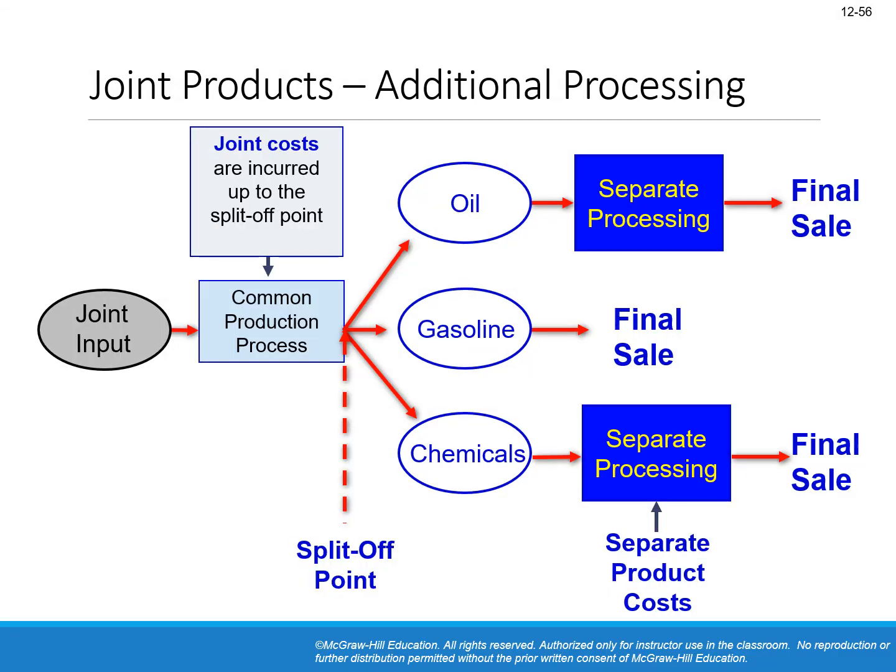So processing oil further will give you some other final sale. Gasoline will go directly to the final sale, and chemicals can be separated to sell various products.